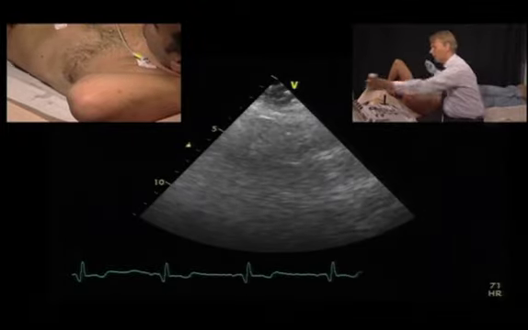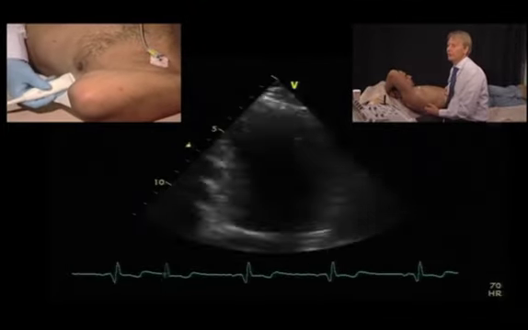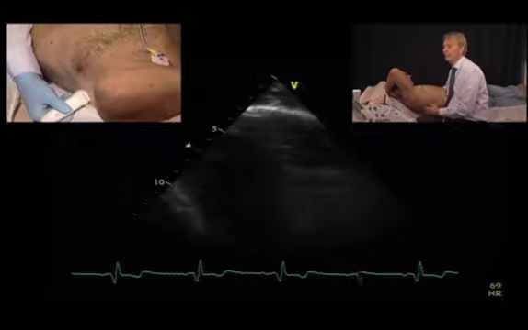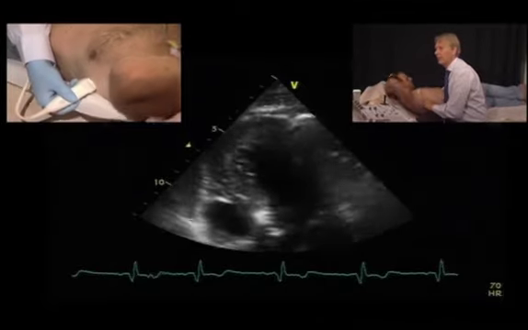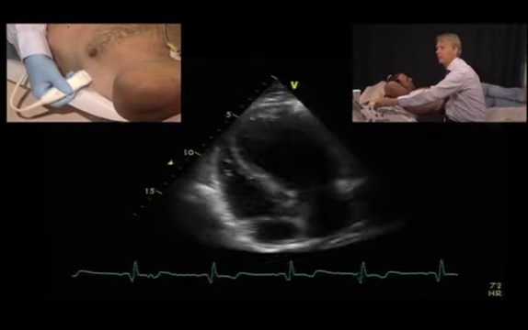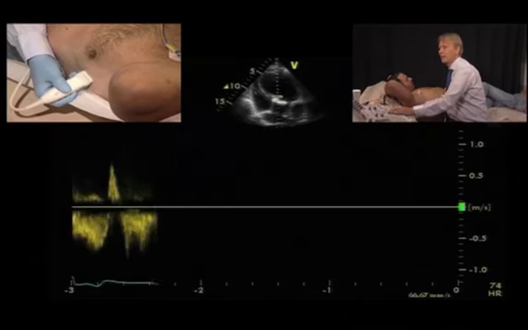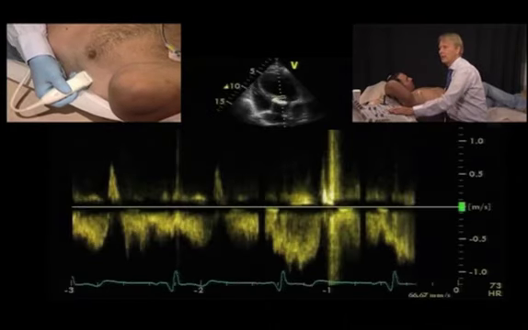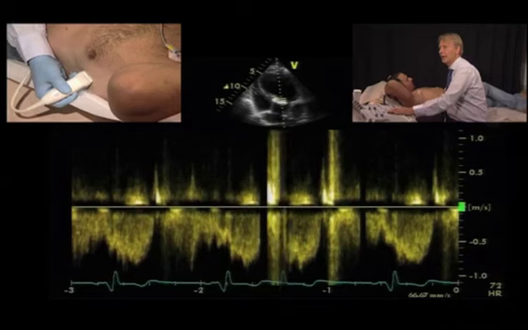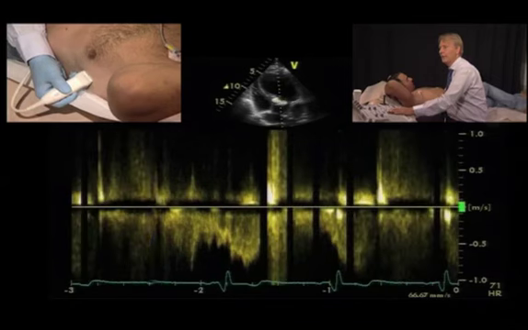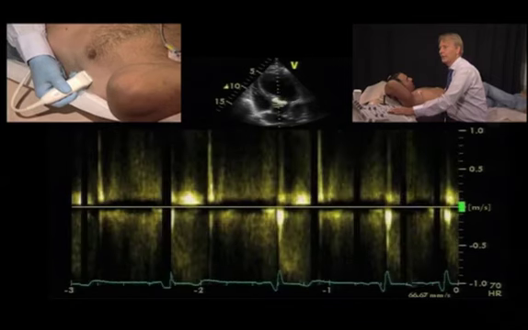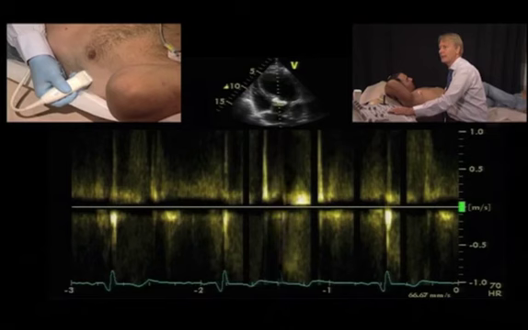To measure the LVOT velocity, we use an apical 5-chamber view. Again, we place the sample volume in the region of the LVOT. And then we slowly move the sample volume down into the valve. And you will see that we get a much higher velocity within the valve. That's the stenosis.